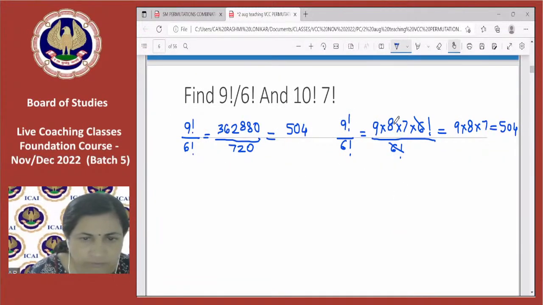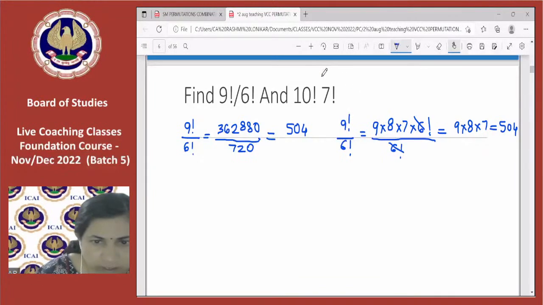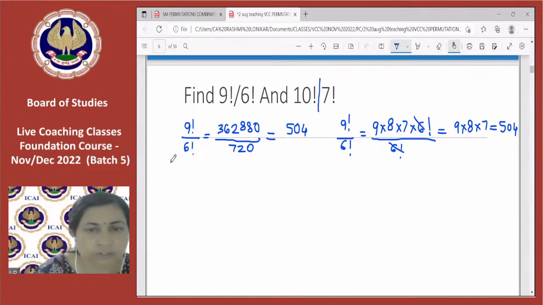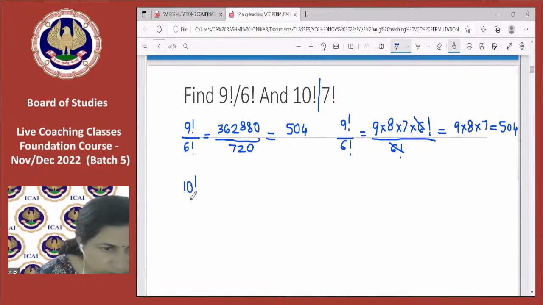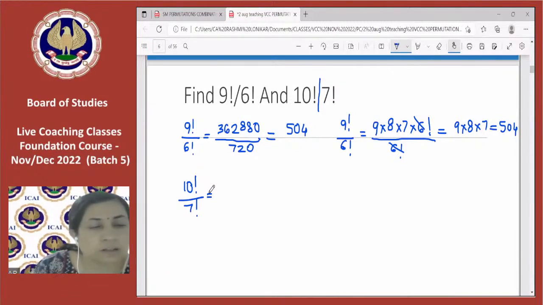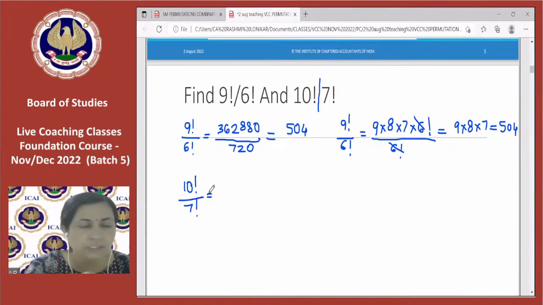10 factorial upon 7 factorial. Okay. So let us see 10 factorial upon 7 factorial. Tell me which method would you like to use, first method or second method?